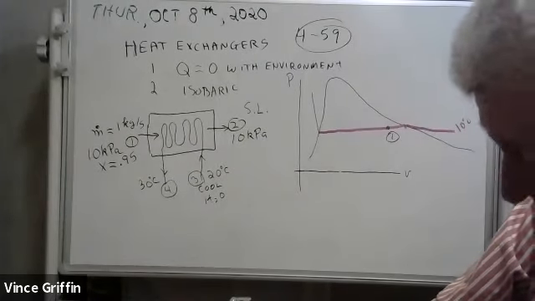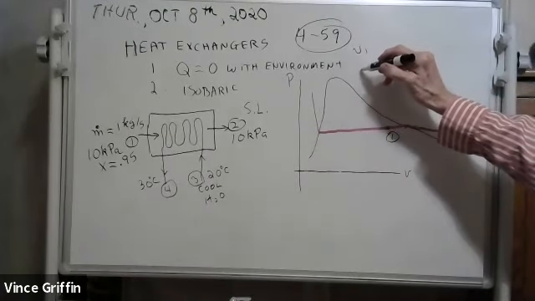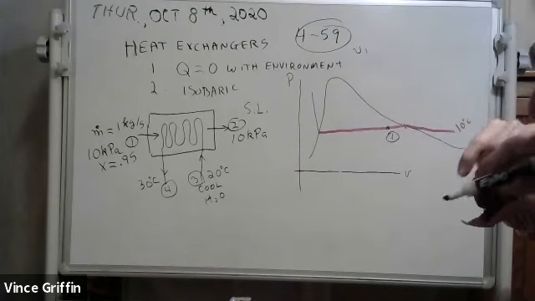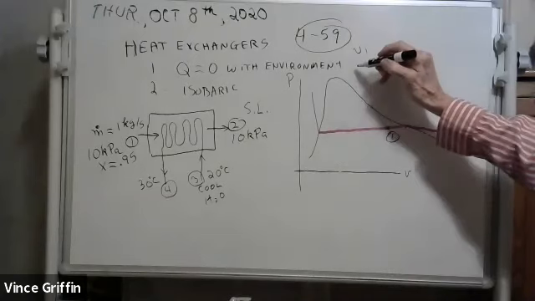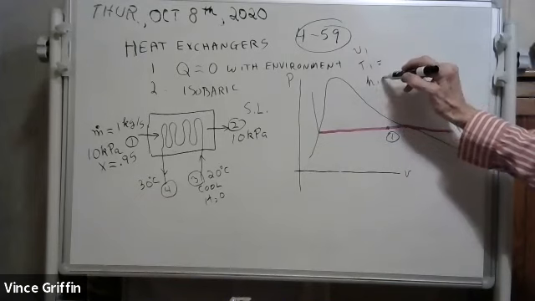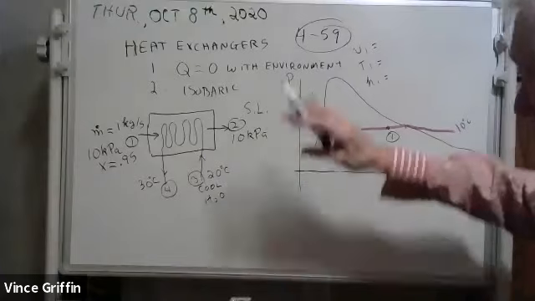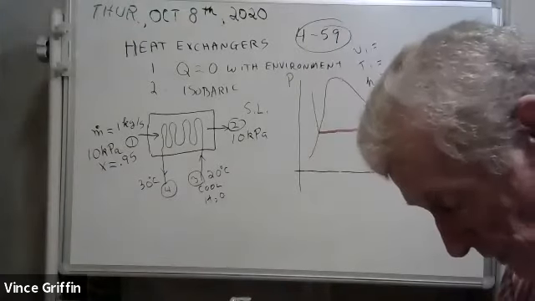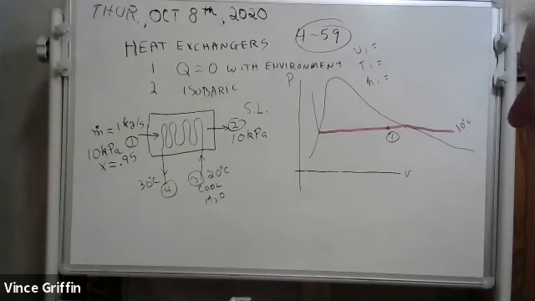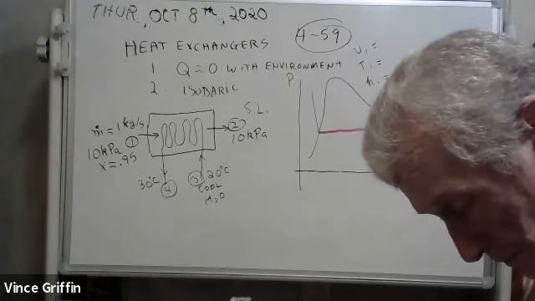We could get some values there. Why don't we get V1 and maybe, do we know T1? We don't even know T1. We'll get V1, T1, H1. That'll be good for us. Here, I'll get V1. We're at 10 kilopascals.